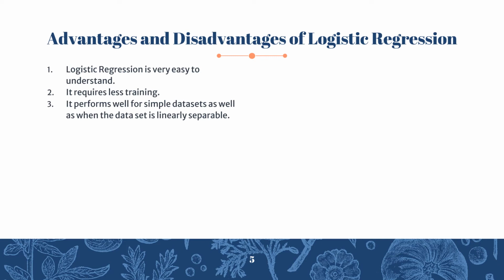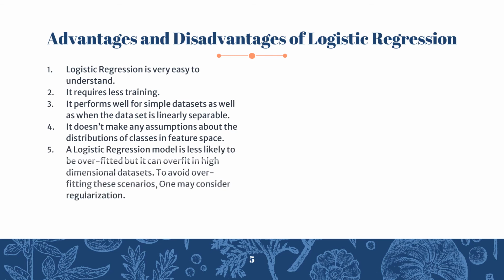Here lies a problem with logistic regression. It tries to establish a linear relationship between the independent variable and the logit. But in real world scenario, you will seldom have data sets which will be linearly separable. It doesn't make any assumptions about the distribution of classes in feature space.